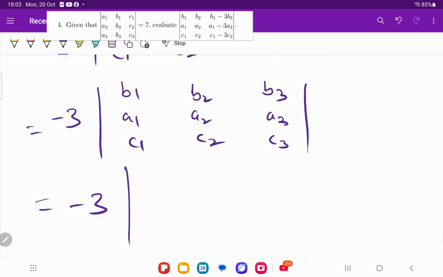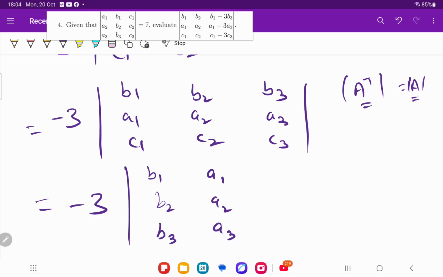The transpose of a determinant gives the same answer as the determinant itself. Therefore, we can take the transpose of this. The transpose will be b1 b2 b3, a1 a2 a3, c1 c2 c3. That is the determinant.